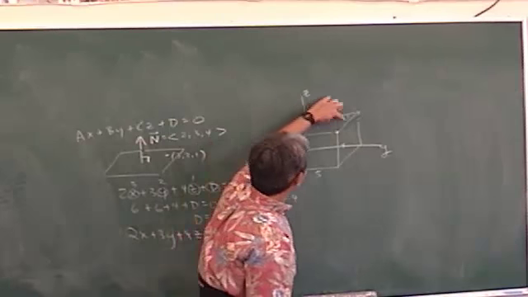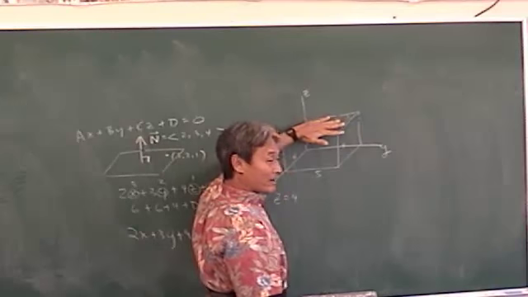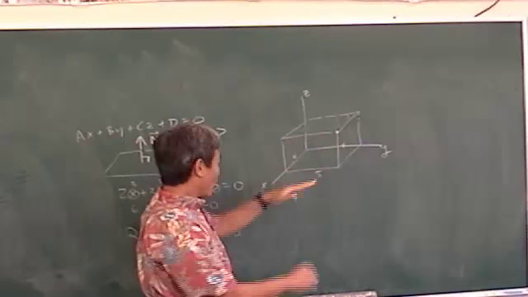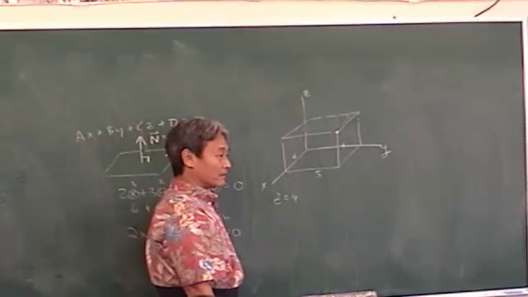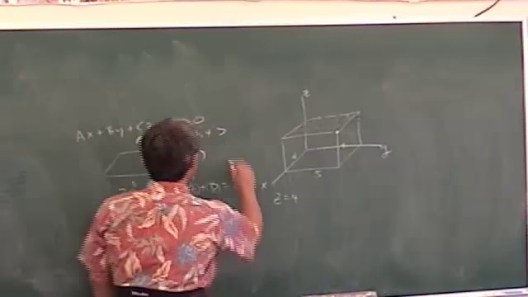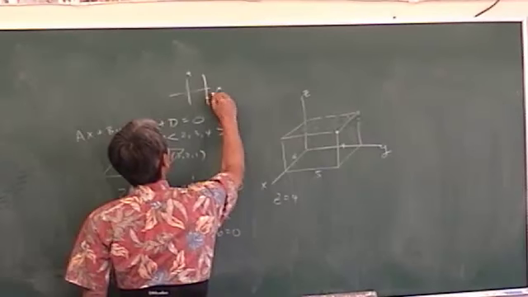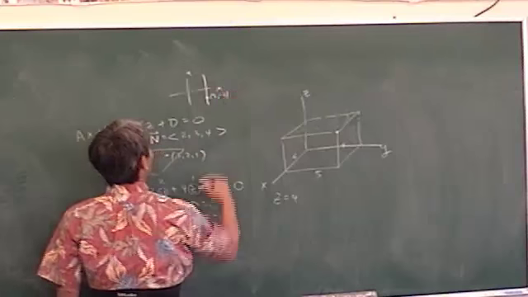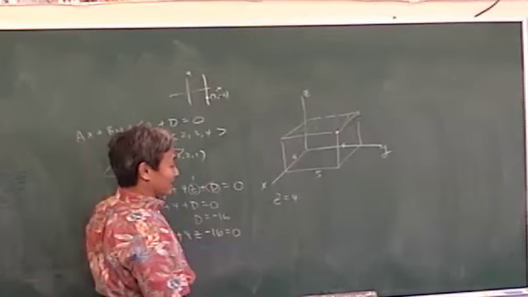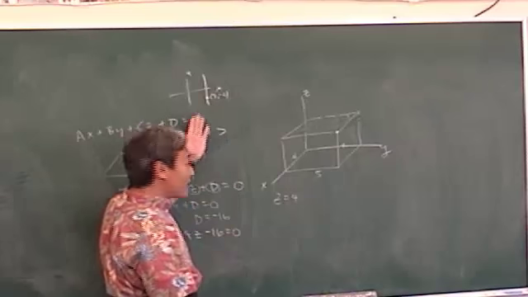Because it doesn't matter what x and y are. The z coordinate is always 4. You're always 4 units above the xy plane. It's just like this in 2 dimensions. What's the equation of this line if this is the point 3, 4? What's the equation of that line? X equals 3.